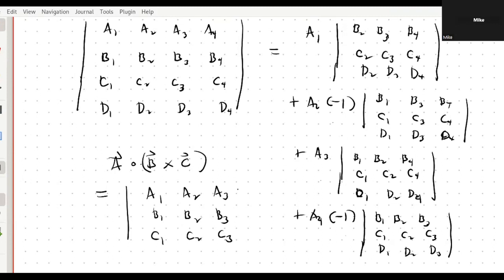Or it's actually equal to this determinant. Check mo. Dot product of A dotted with B cross C. Use components and then show na lalabas na that's equal to this determinant. Ito yung homework mo na yan. Show that A dotted with B cross C is equal to this determinant.